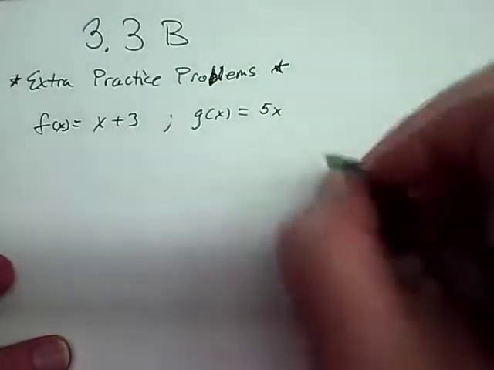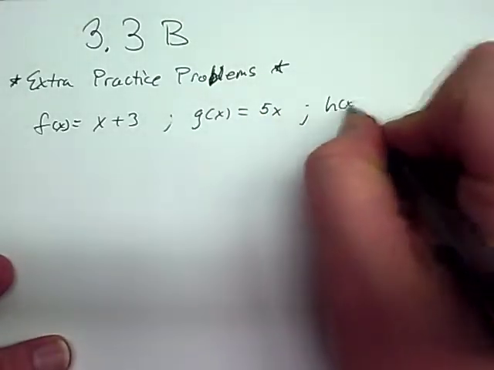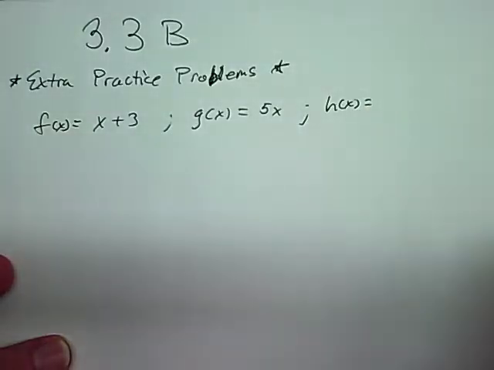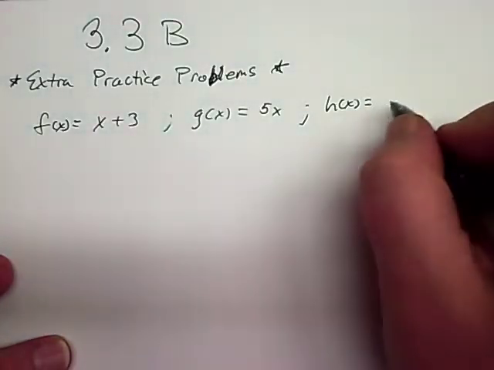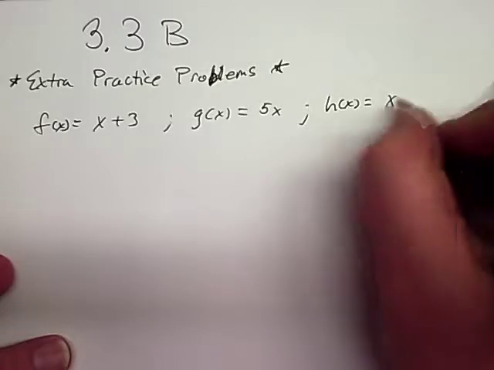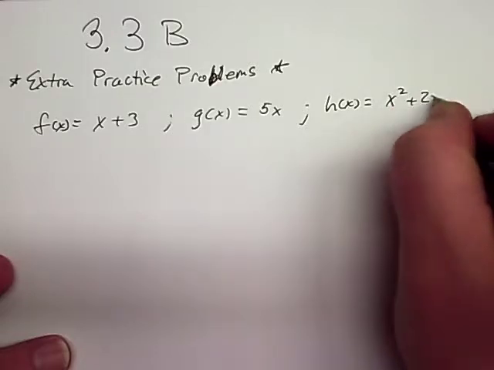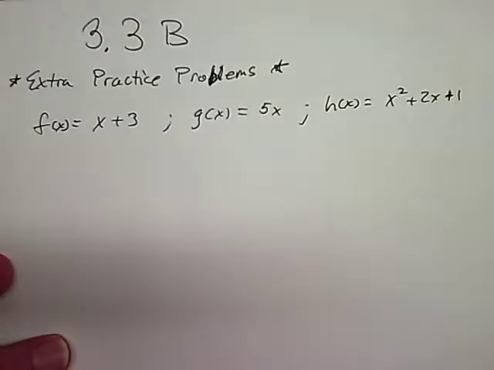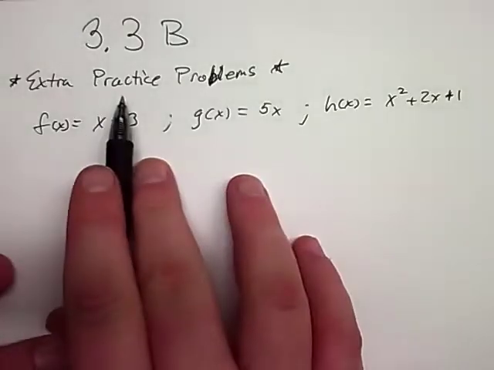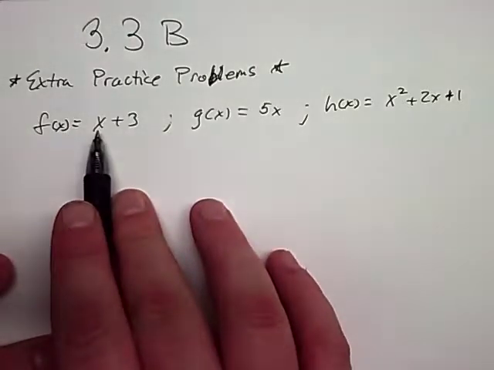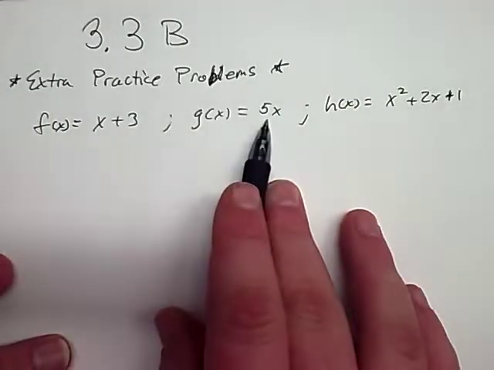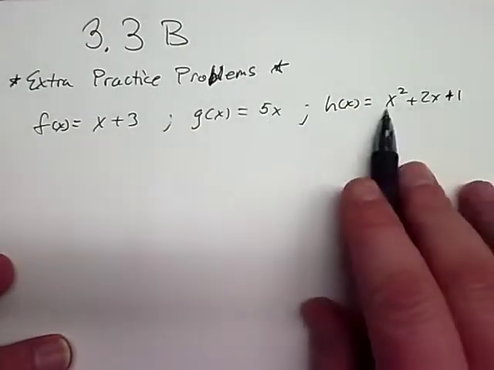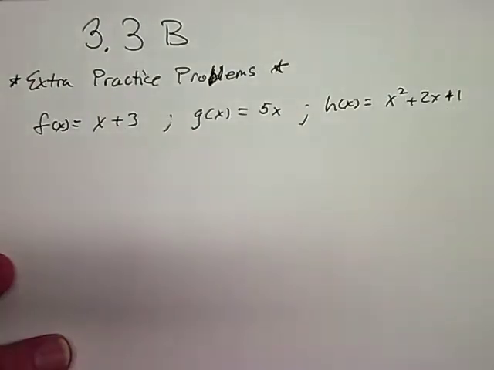And then let's do an h of x that equals x squared plus 2x plus 1. Let's do that. All right, so now we have three completely different functions. Right, f is x plus 3, g is 5x, and then h is x squared plus 2x plus 1, right?